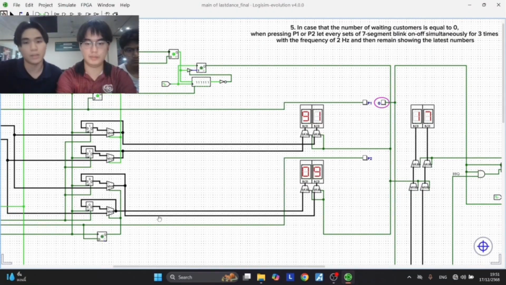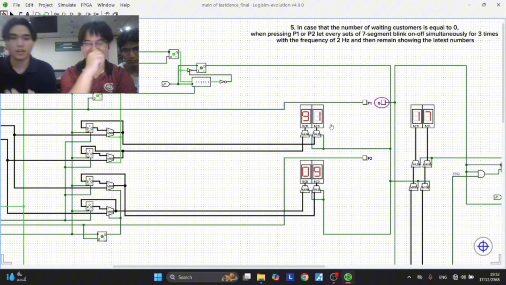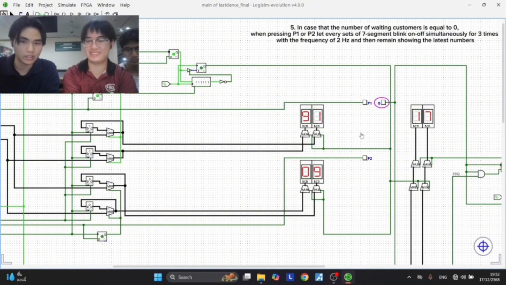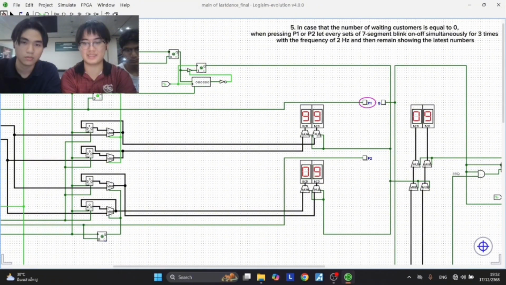As you can see, the number of P1 is reaching 91. Sorry, when P1 reaches 99 and we press P2, the number of P2 has to be 01. It's 99, and when I press P2, it has to be 01, and P1 is going to be 02.